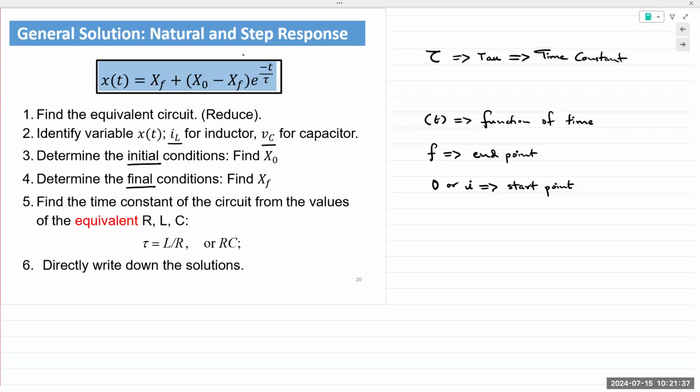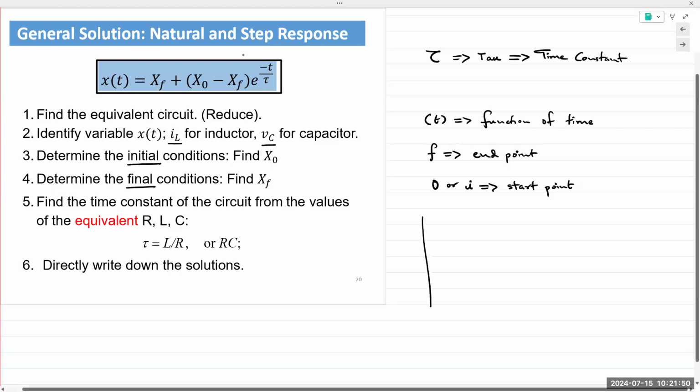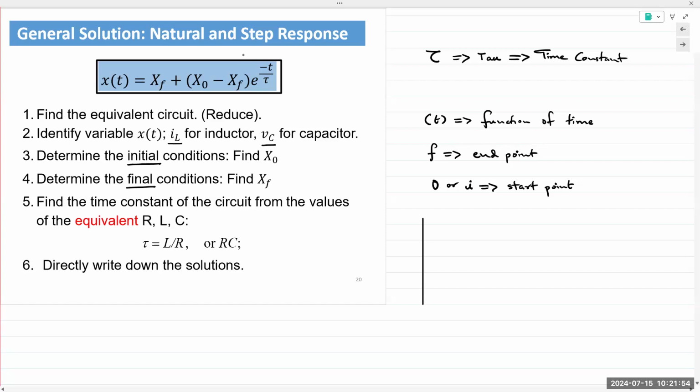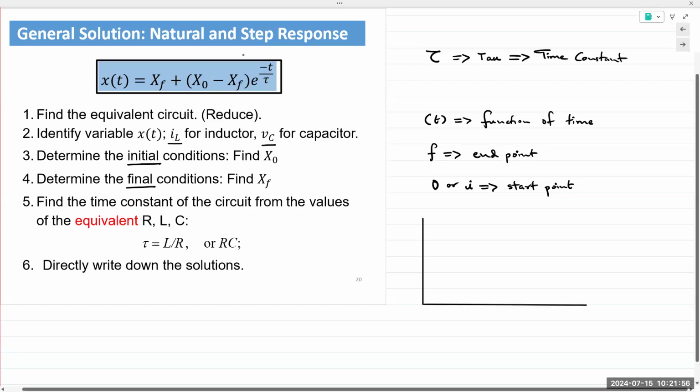f is the end point, 0 indicates the start point of the analysis. For a charging waveform, let's start with discharging. For a discharging waveform, time is always on the x-axis, and this could be v or i.